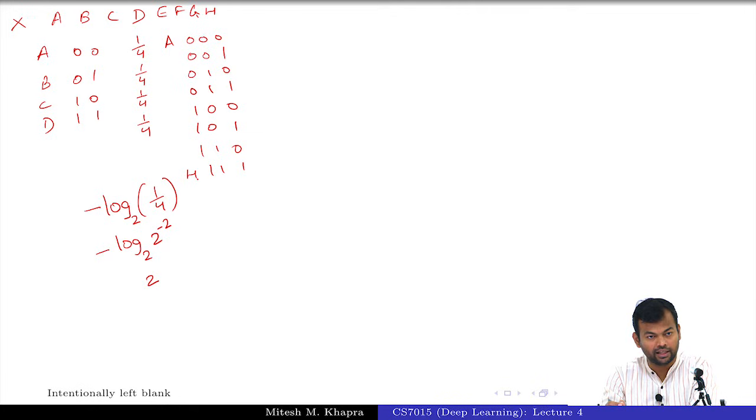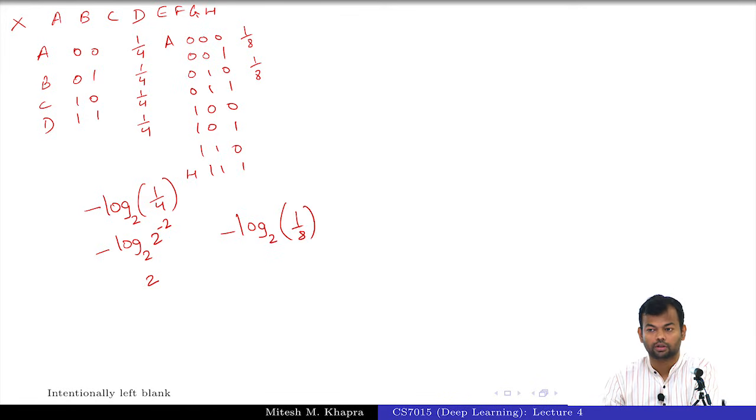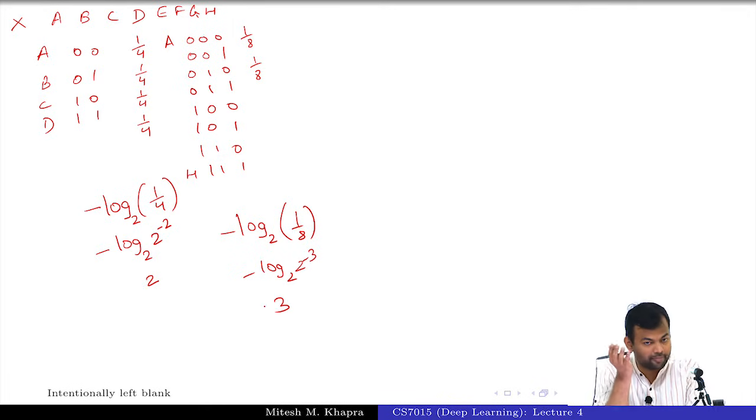Each of these is equally likely. What's the probability? 1 by 8. What's the information content? 2 raised to minus 3, that's equal to 3. So the number of bits that you actually use to transmit something, you can talk of it in terms of the information content of that.